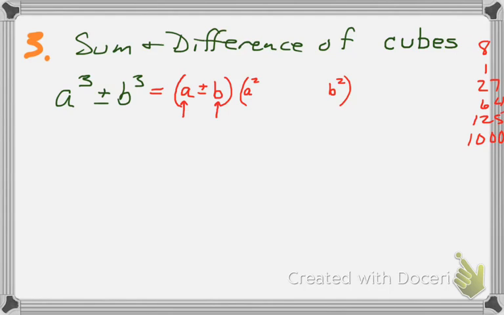And in the middle, you do one of each, A times B. As for the signs, after the A squared, you do the opposite sign of the problem. So I've written it as minus plus to let you know that it's the opposite sign. And then at the end, between the AB and the B squared, it's always plus.